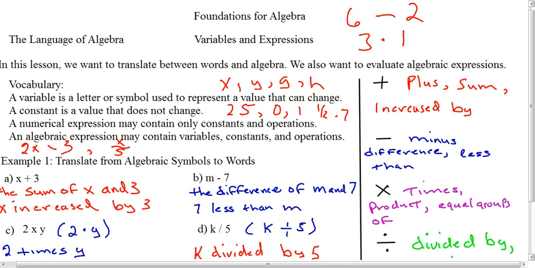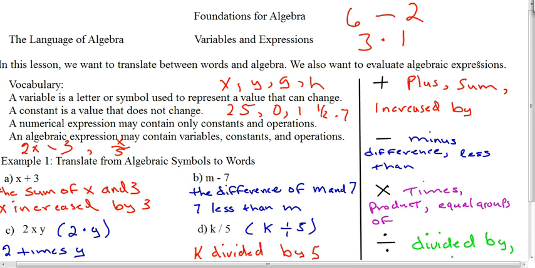For example, plus sign. That means plus, sum, or increase by. So if you're dealing with a word problem and you see James had 5 apples plus 2 oranges, then you're going to add 5 plus 2.